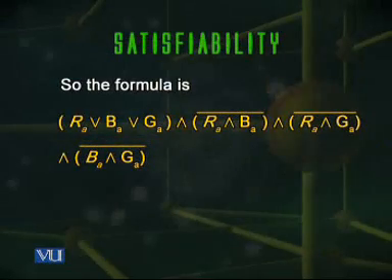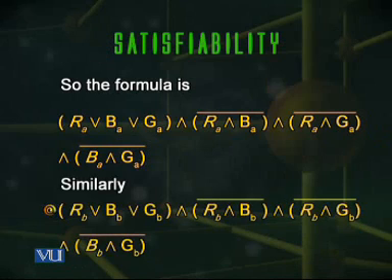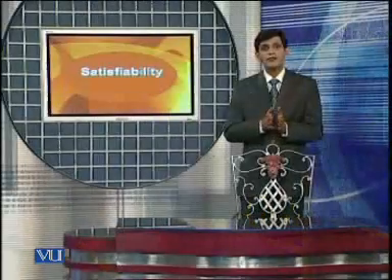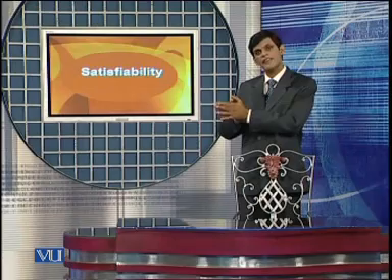So this second formula looks exactly like the formula written above it, but instead of A it has B because it's talking about the vertex B, and this is true if and only if B is assigned exactly one color. So it's easy to find a formula that is true if and only if a vertex is assigned exactly one color.